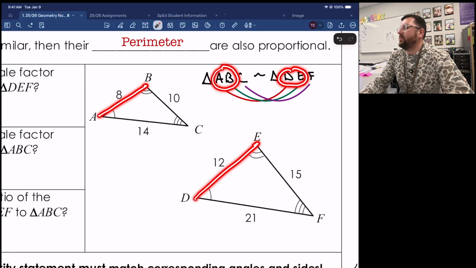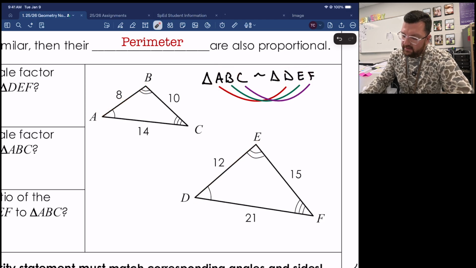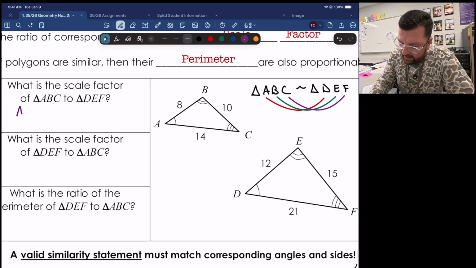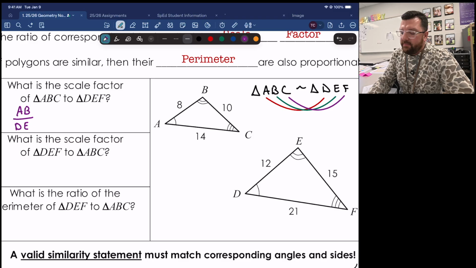We can set these two up as a ratio and build a scale factor, and it looks like this. AB over DE. And I chose to put AB on top because AB, or triangle ABC, came first.